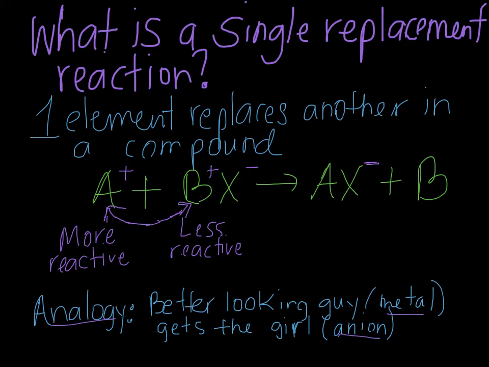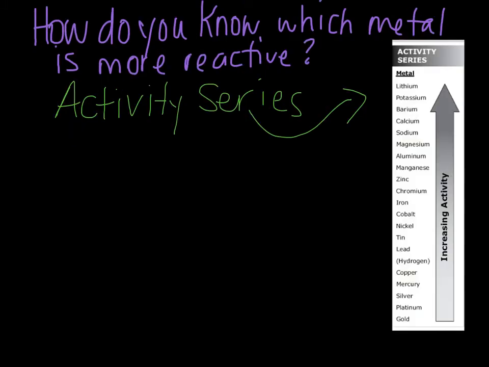So naturally, the next question you're going to be asking is, how do you know which metal is more reactive in the reaction? So what you're going to be using is called an activity series, and you actually already have this because this is on the back of your reactions guide that you made in class.